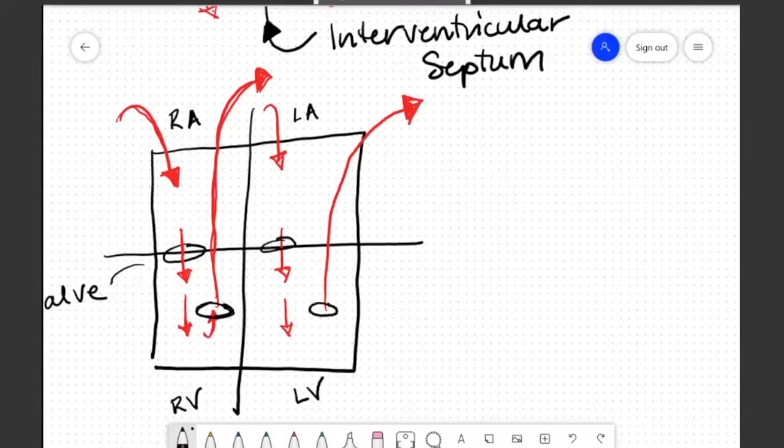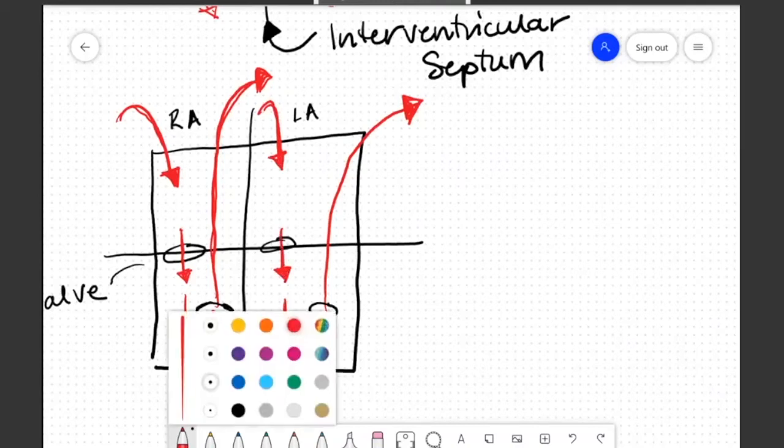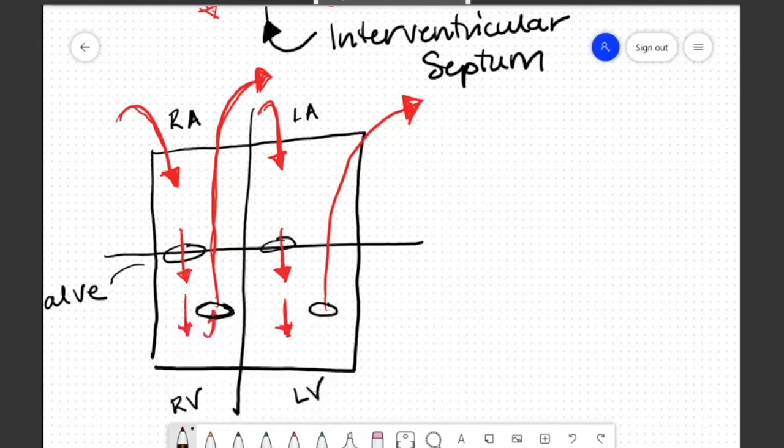So the right side of the heart follows the same pattern as the left side of the heart, where blood will come in through the top of the heart. The blood will travel down from the atrial chambers to the ventricle chambers. When it does that, it has to cross through a door. And when it crosses through this door, we're going to talk about what the name of that is in a second.